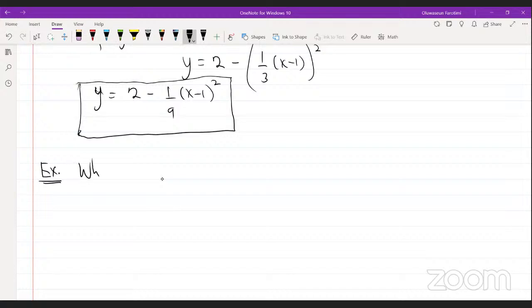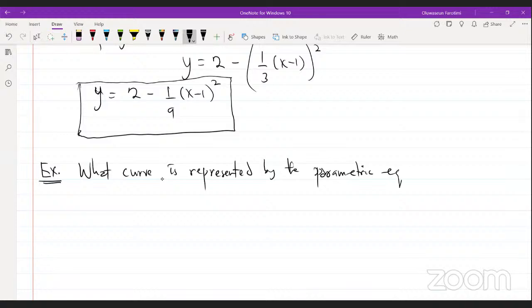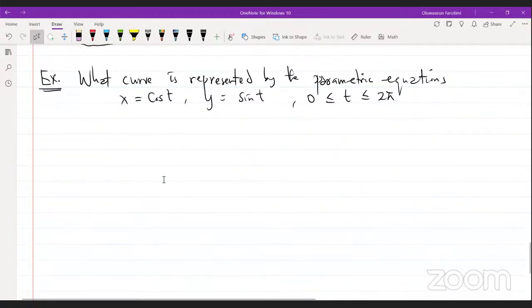So let's see what curve is represented by the parametric equations x equals cosine of t, y equals sine t. In this case, we have an interval where t is from 0 to 2 pi.